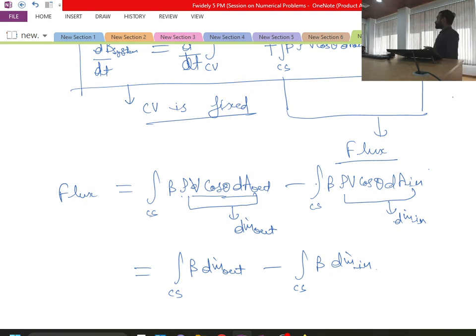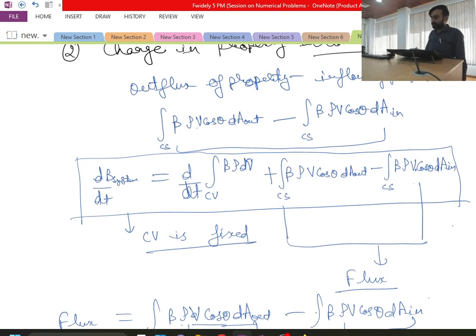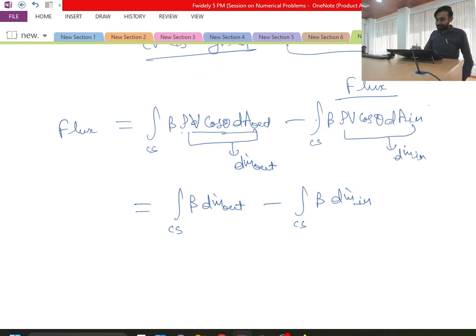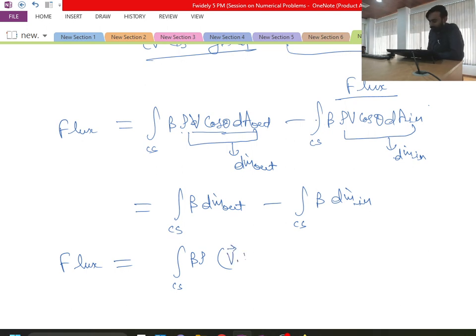Now one more simplified version of this equation I can write if I use vector notation. If I use vector notation for the flux term, how can I write it? I can write the flux term as the integral over the control surface of beta times rho, and in place of v cos theta, I write v vector dot n cap vector, and then dA.